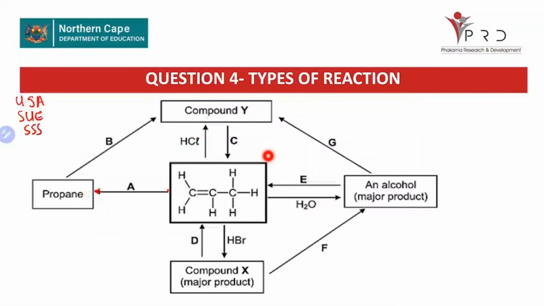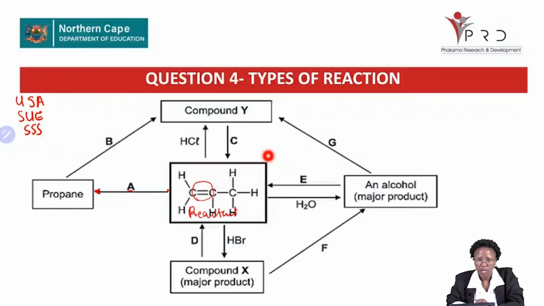Now let's quickly look at reaction A. Reaction A, we are looking at the starting point as a double bond over here. That means this is an unsaturated reactant. It's a reactant. It is unsaturated. So if it is an unsaturated reactant to a propane, a saturated product, what is it?